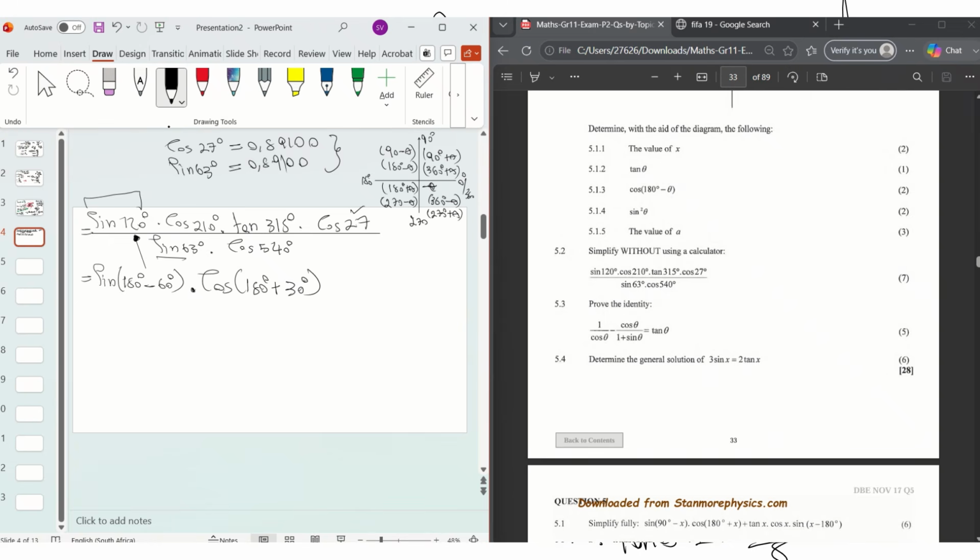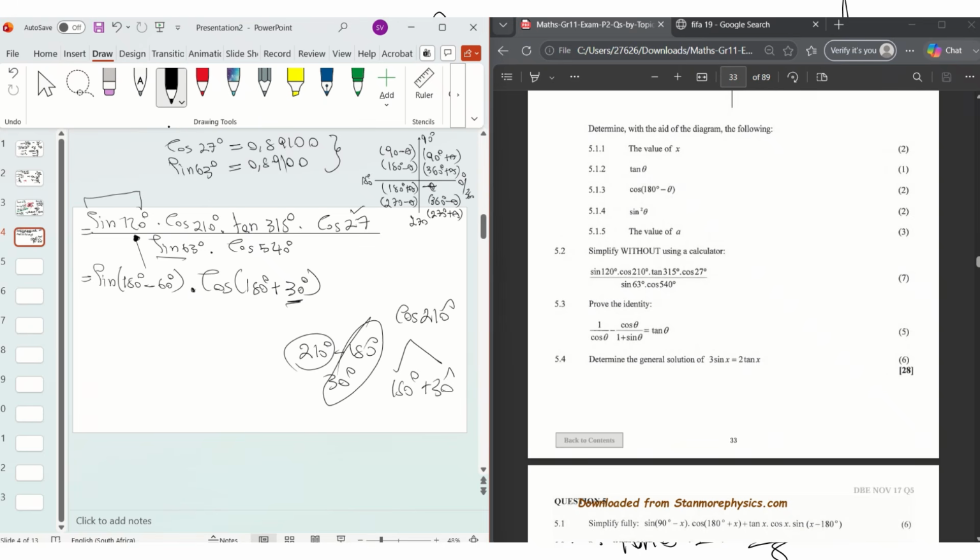How did I get this 30 degrees? I said 210 minus 180, and it gave me 30. So I know that to get to 210 I must add these two. 180 plus 30 gives me the initial angle I was given, which was cos 210.